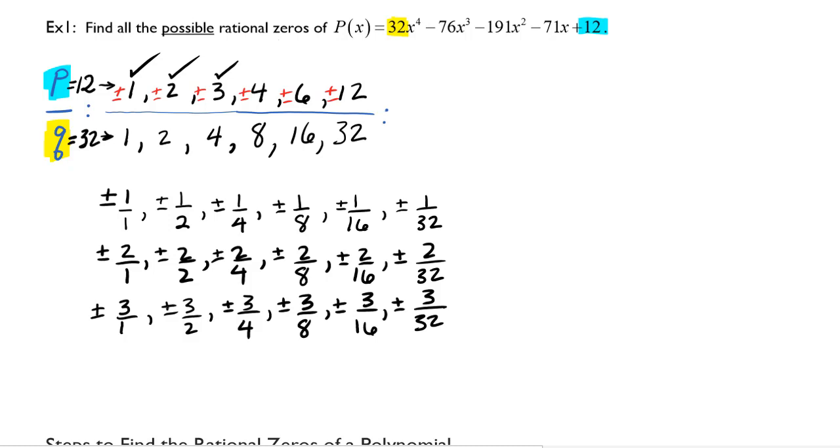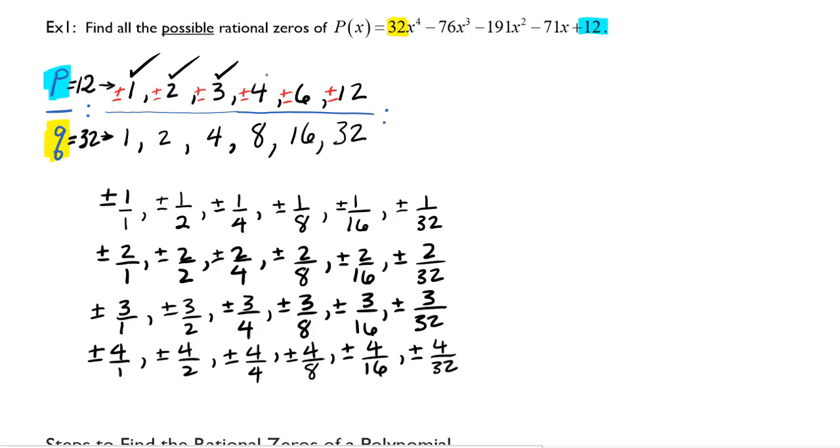Now let's work on number 4. Plus or minus 4 over 1, plus or minus 4 over 2, plus or minus 4 over 4, plus or minus 4 over 8, plus or minus 4 over 16, plus or minus 4 over 32.